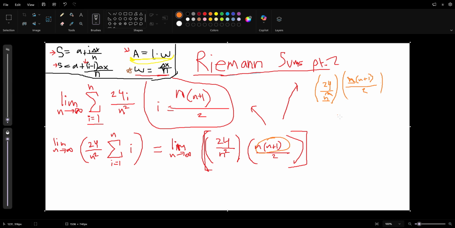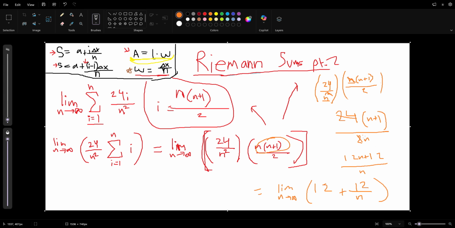It will remain n on the denominator. So it will be 24, it's a little confusing in here, 24 times n plus 1 over 2n. Move that, it's going to be 12n plus 12 over n, or 12 plus 12 over n, as limit of n approaches infinity of this.